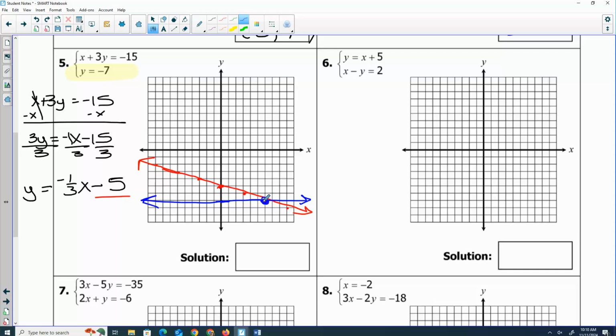So the point where these two things meet, x is 1, 2, 3, 4, 5, 6, and y is negative 7.